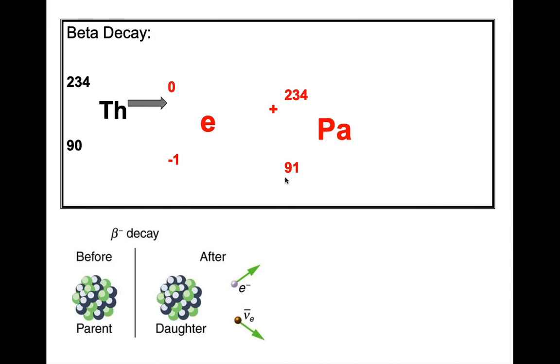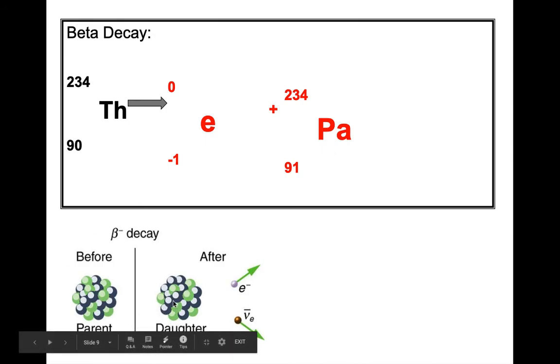The atomic number increases by 1 because we subtracted a -1, which equals +1. So again, we have a new element formed. This thorium has been transmutated into a new element, protactinium-234, with atomic number 91.